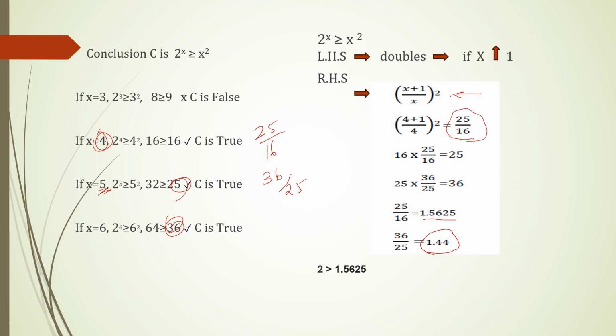So you can say that 2 power x is greater than or equal to x square for all values of x greater than or equal to 4. This is true. Hence proved. So this is an example of deductive proof. Thank you.